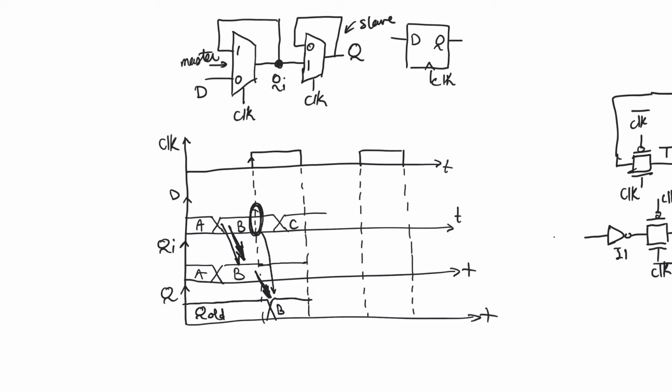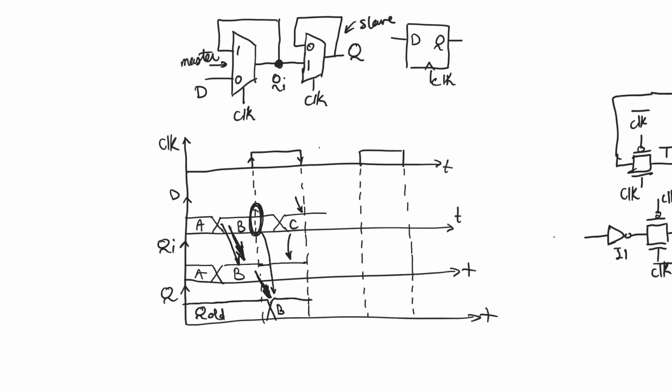So now what's happening on the other edge, on the negative edge? On the negative edge, the master latch becomes transparent and the slave latch becomes opaque. D has updated to C, but we did not latch this change on QI because the master latch during the 1 phase of the clock was opaque.